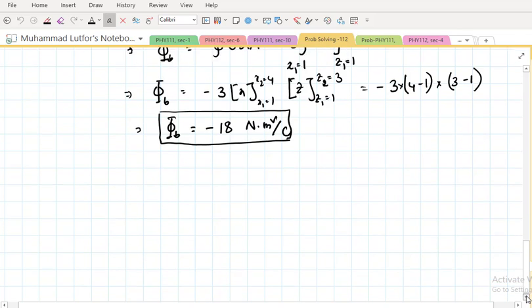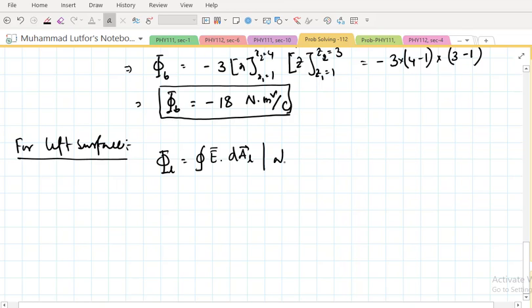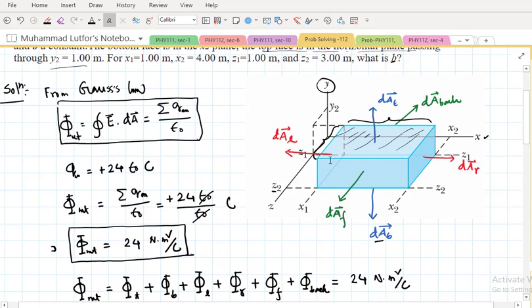Fine. Now for the left surface, we can write phi L, this is going to be E dot dA left, at, as you can observe for the left surface, it should be x equal to 1 meter, right?